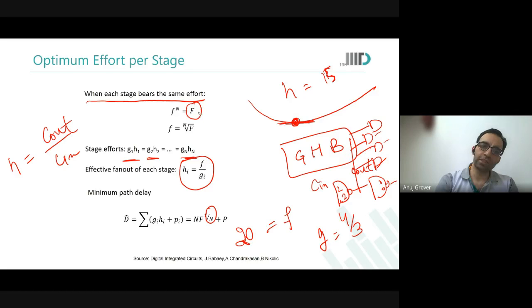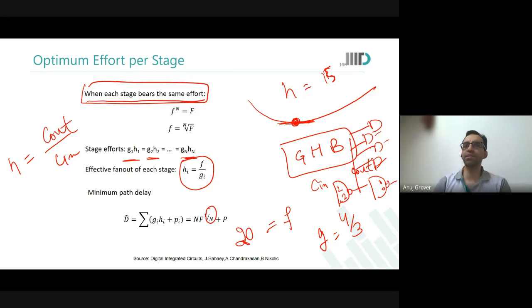So first, do we realize that this statement is valid? Even if we do not understand this, if you do a course on optimization, you will realize that each stage, when it bears the same effort, that is the most optimal situation for a circuit.